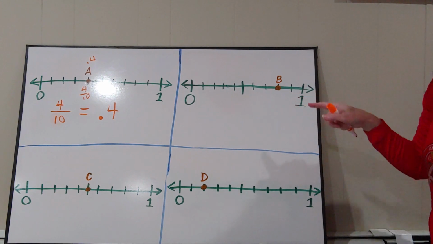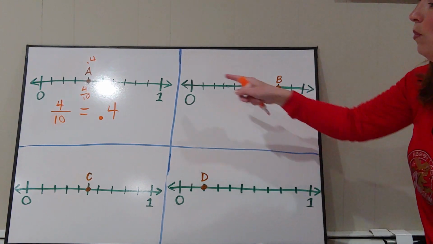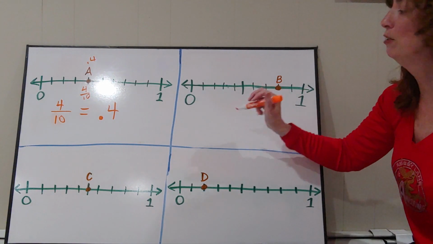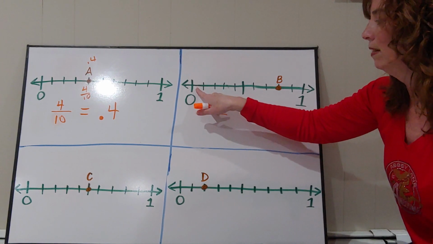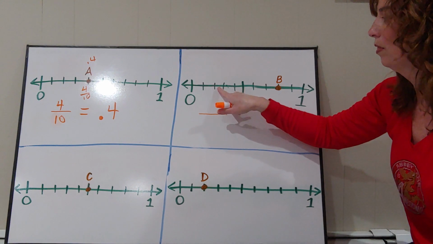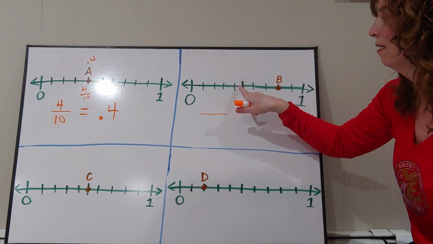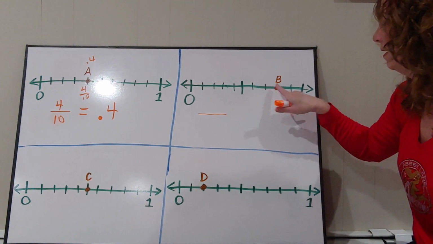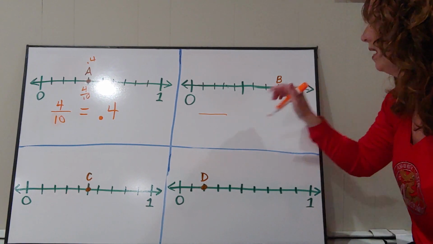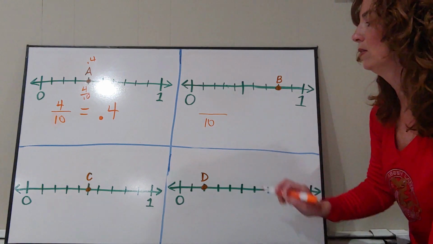All right, let's see if we can figure out what B is. Same thing, we're going to count how many spaces are on the line. So let's count. 1, 2, 3, 4, 5, 6, 7, 8, 9, 10. 10 spaces altogether.